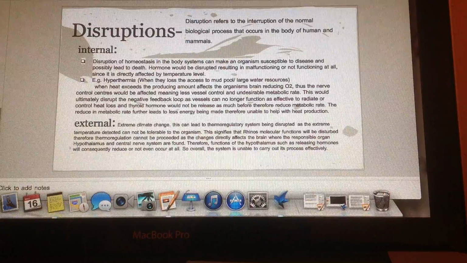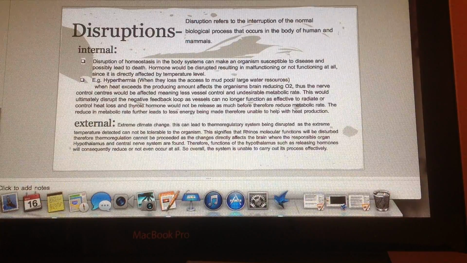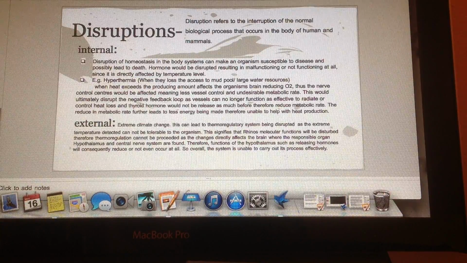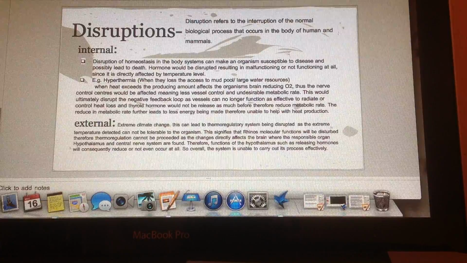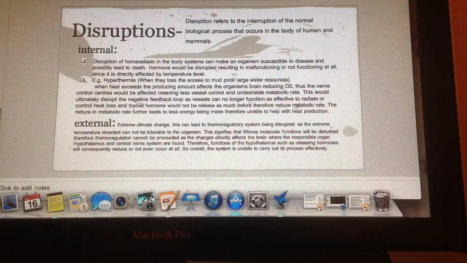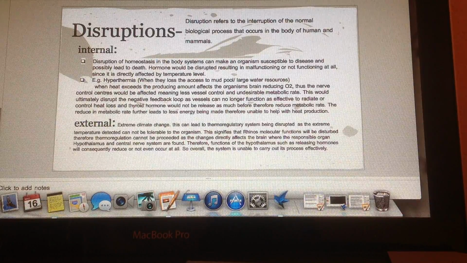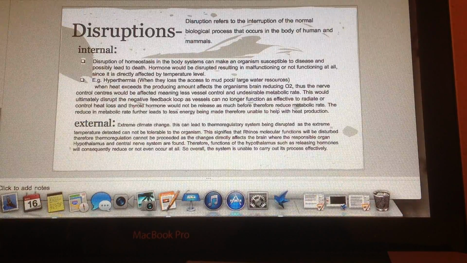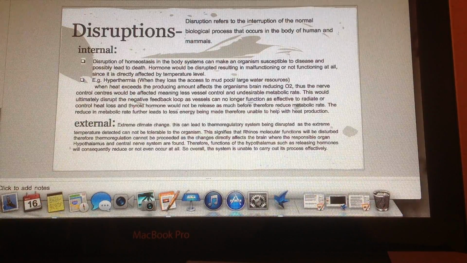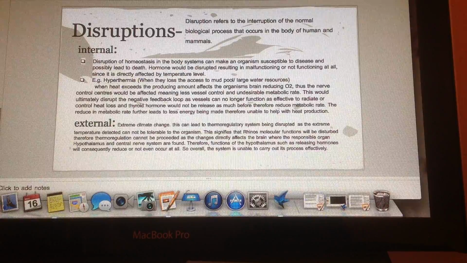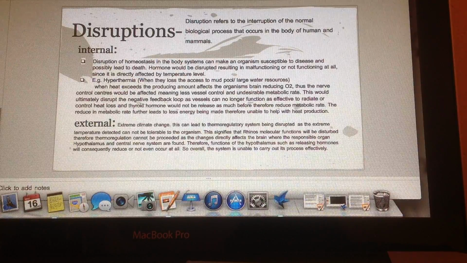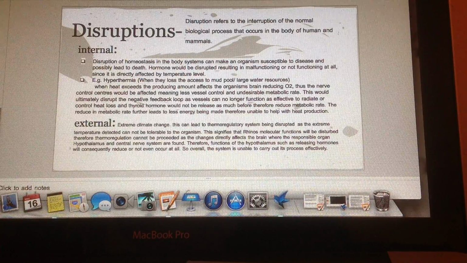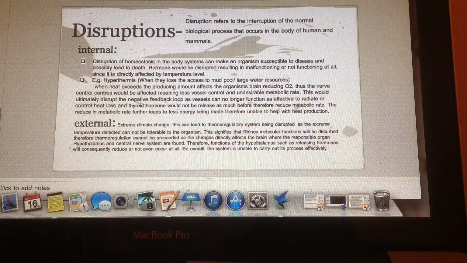An example of this can be hypothermia. This can happen when rhinos lose their access to multiple or large water resources. This means when heat exceeds the producing amount, it affects the organism's brain by reducing oxygen. Thus, the nerve control centers will be affected, meaning less vessel control and an undesirable metabolic rate.